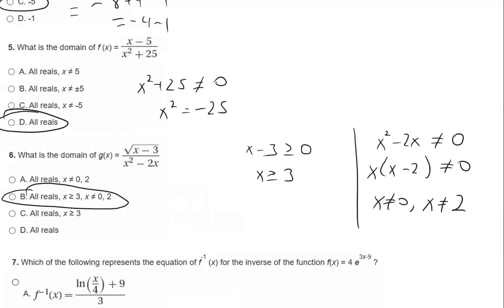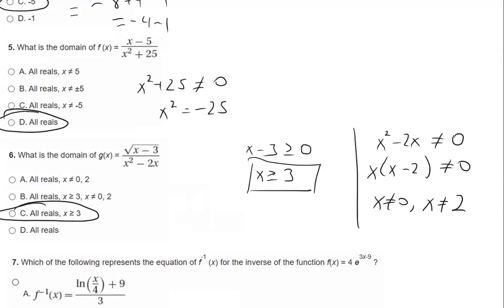Because x cannot be 0 if x is greater than or equal to 3, and x cannot be 2 if x is greater than or equal to 3, right? So actually the best answer is choice C. X is greater than or equal to 3. Because again, this one condition already includes these two other conditions or exclusions, whatever you want to call it.